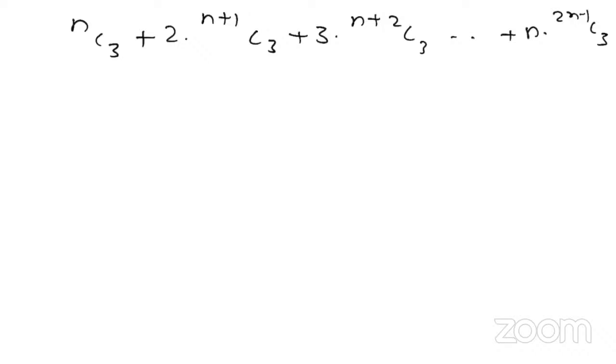Look, this is in the expansion of 1 plus x to the power n, coefficient of x to the power 3, plus 2 into, in the expansion of 1 plus x to the power n plus 1, coefficient of x to the power 3, plus 3 into 1 plus x to the power n plus 2, and n into 1 plus x to the power 2n minus 1, coefficient of x to the power 3. Coefficient of x to the power 3 in the overall expansion that we have to find.